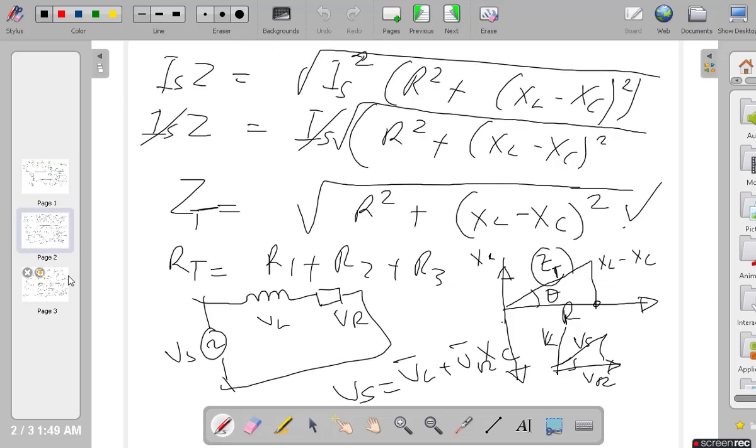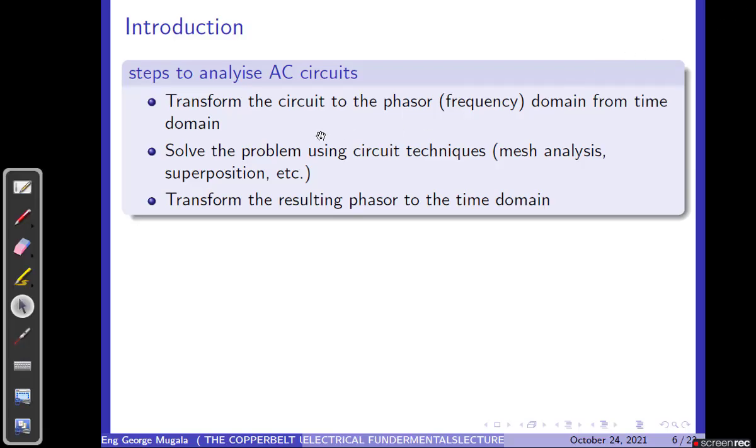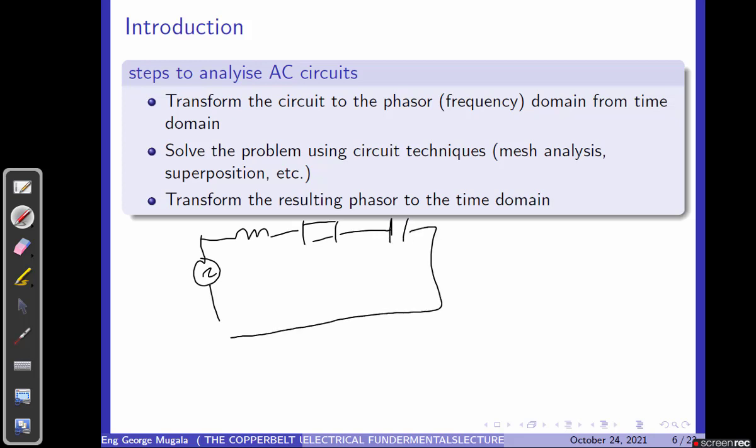However, when we deal with complex numbers, I don't have to worry about the vector orientations. All I need to do is solve it exactly as if I'm solving a direct circuit.